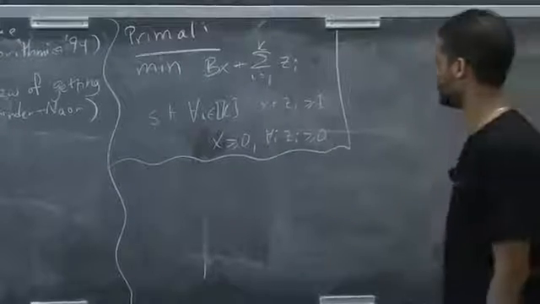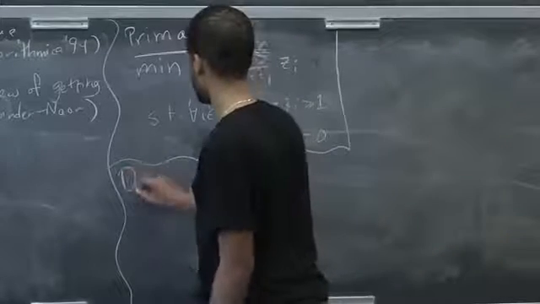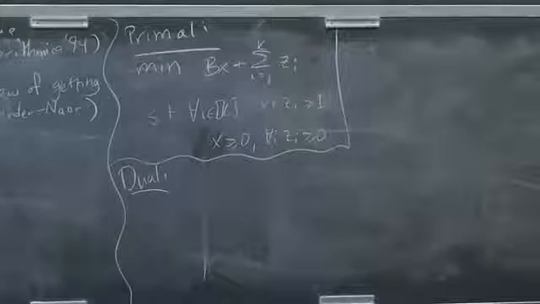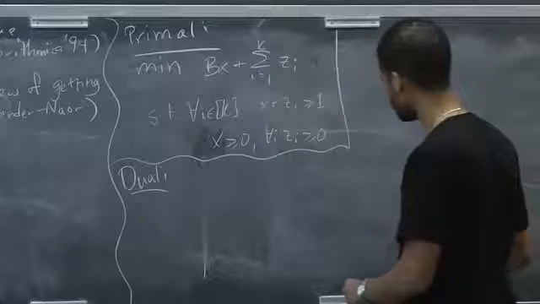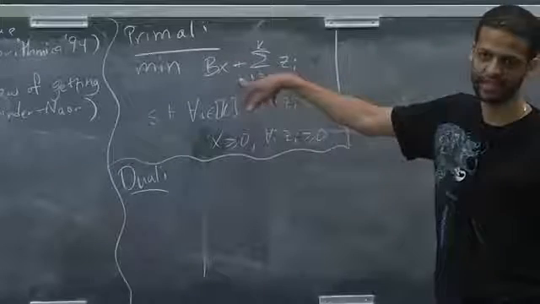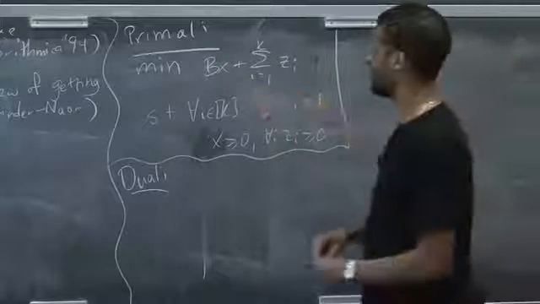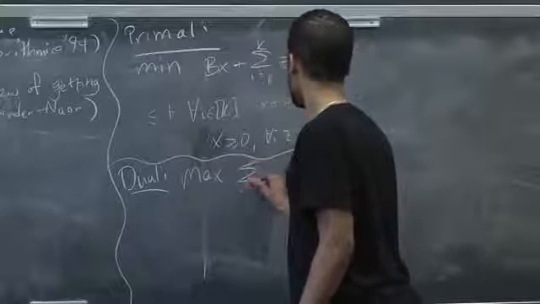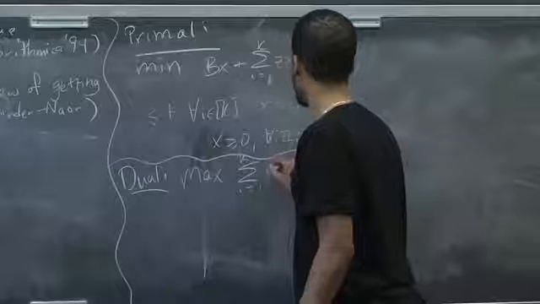And then we have the dual. Okay, so remember in the dual, constraints in the primal turn into variables in the dual. And the right-hand side in the primal turns into the objective function in the dual, the thing that you dot product with. So you get max sum i from 1 to k of yi.